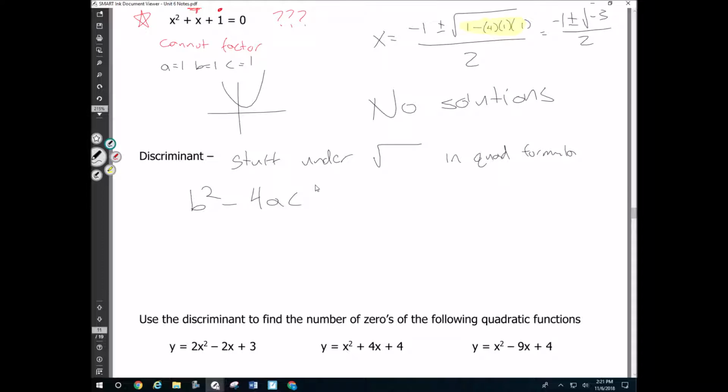If the stuff under the square root ended up being positive, greater than 0, we had 2 solutions. If the stuff under the square root was 0, we end up having 1 solution. If the stuff under the square root was negative, there's no solutions.